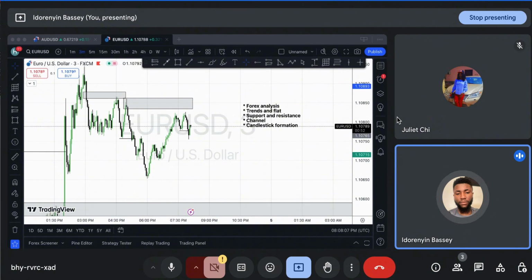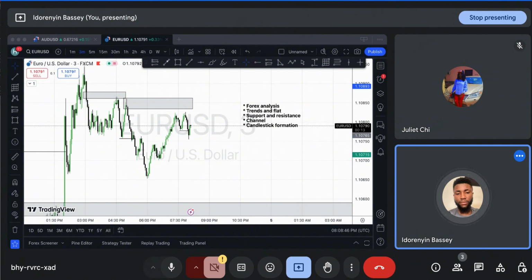So when you hear the word forex analysis, what does this mean? In forex trading, forex analysis refers to the process of evaluating and studying various factors that can influence currency exchange rates. The goal of forex analysis is to make informed trading decisions by predicting the direction in which currency prices are likely to move.